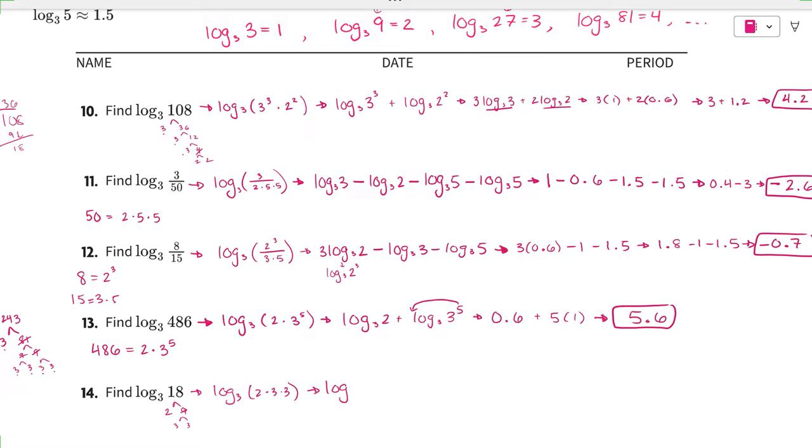So that gives me log base 3 of 2 plus log base 3 of 3, and then plus log base 3 of 3 again. Log base 3 of 2 is 0.6, and log base 3 of 3 is 1. So 0.6 plus 1 plus 1 is 2.6. Okay.